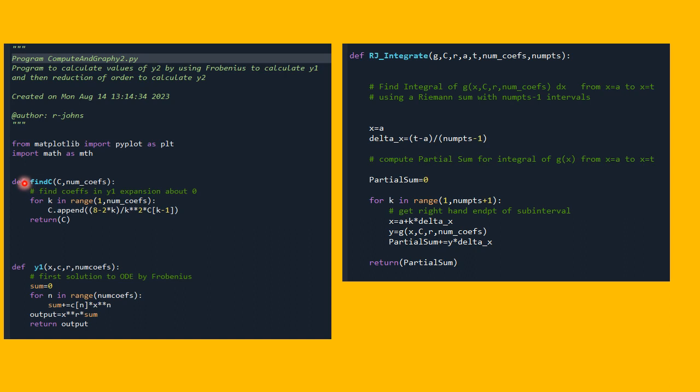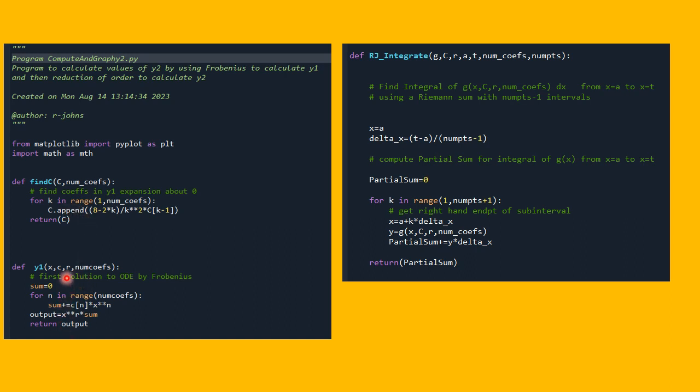We have another function defined here, find c, and what this function does is find the coefficients in the series solution for y sub 1, the solution that we got using the Frobenius series.